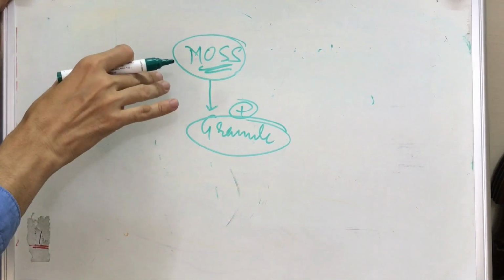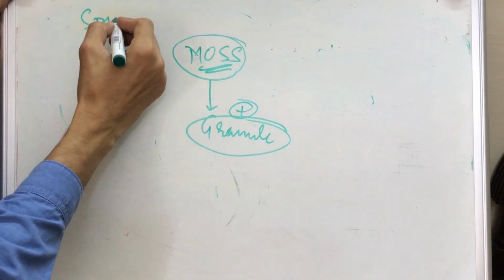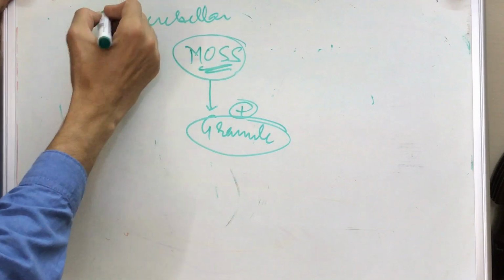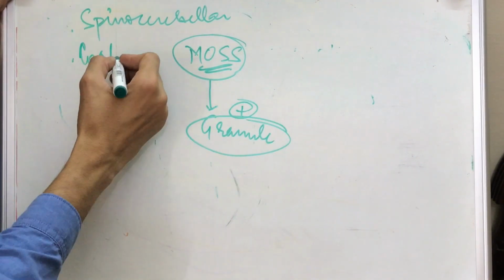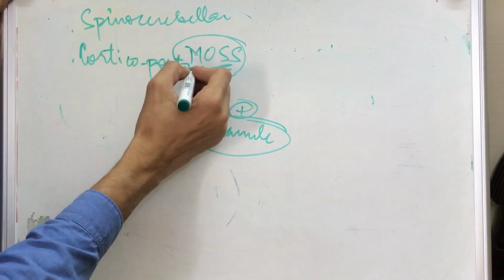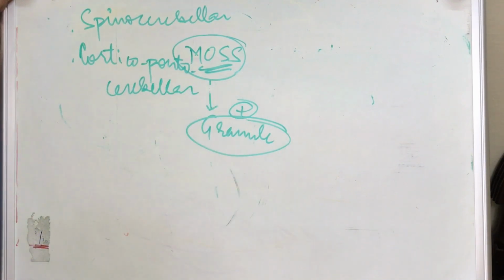Rest of the nervous system, all those fibers, whether it is coming from the spine, the spinocerebellar tract, or if it is coming from the cerebral cortex, then from the cortex it will go to the pons, the cortico-pontocerebellar tract.